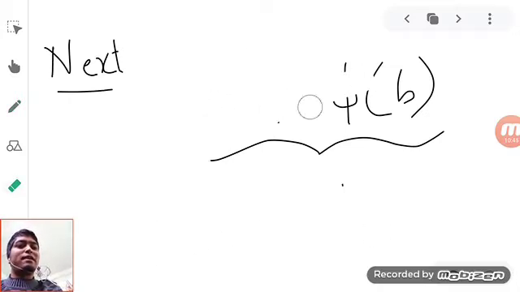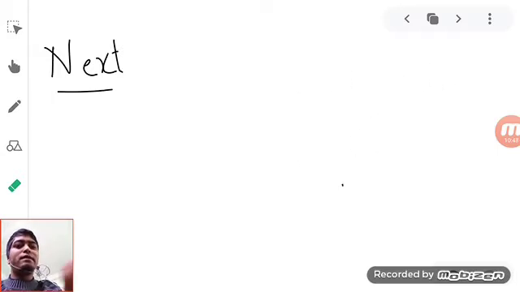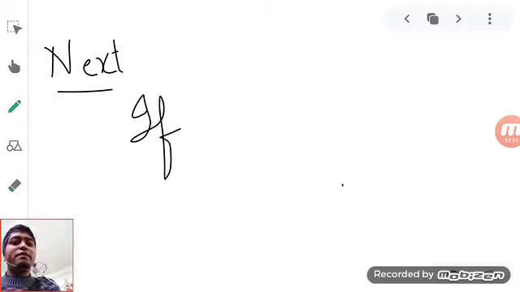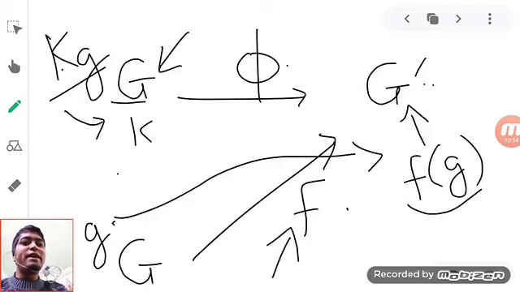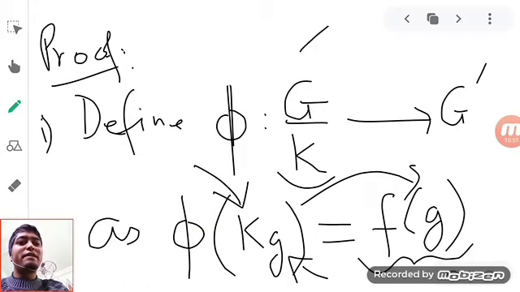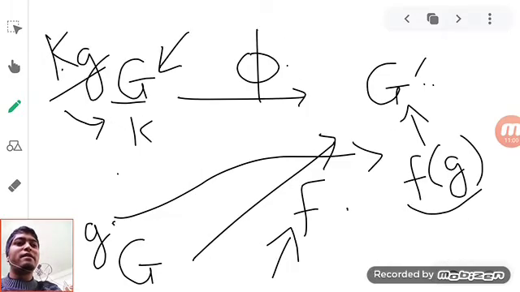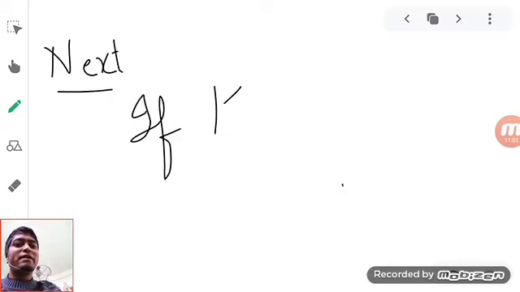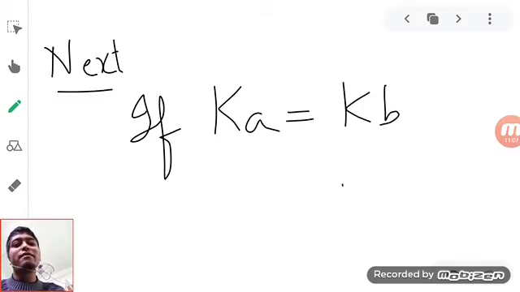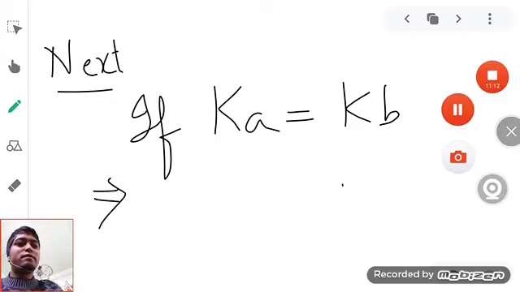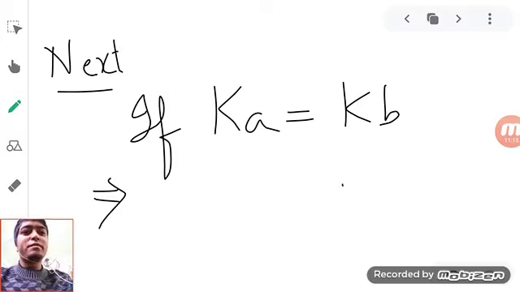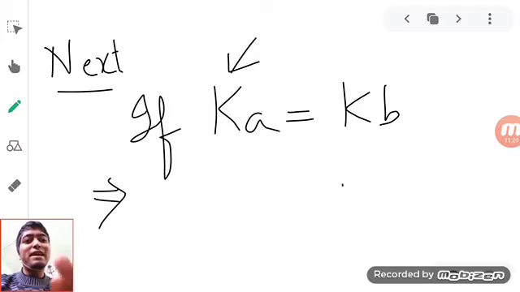So now let us do that. But over here instead of a, we are taking elements from G by K. So what will I write over here? If Ka = Kb, we will need to get that phi(Ka) = phi(Kb). Some of you may remember, because K is the kernel, K is a normal subgroup, so we can even write this as aK = bK. It doesn't matter.